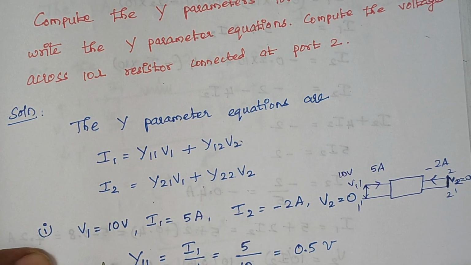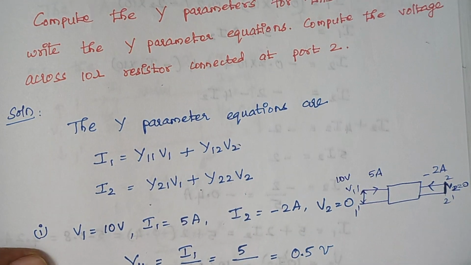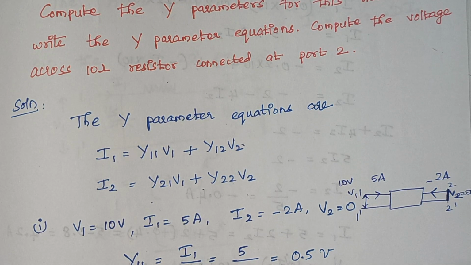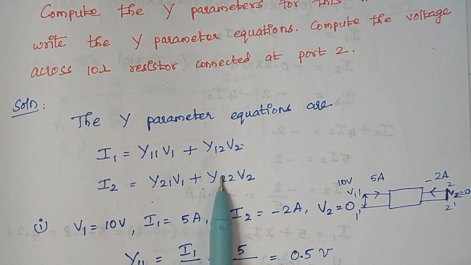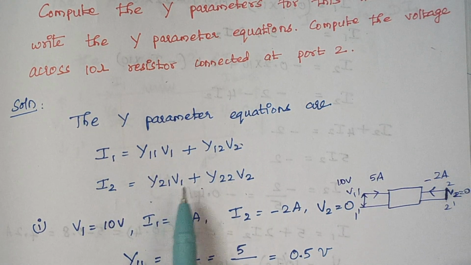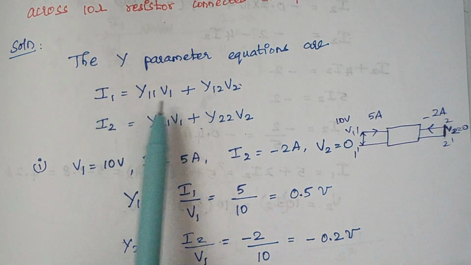So initially V2 is made 0 and now we are going to find the value of Y11 and Y21. So when V2 is made 0, obviously these two terms will be 0 and we can easily find the value of Y11 and Y21. So Y11 is given by I1 by V1.